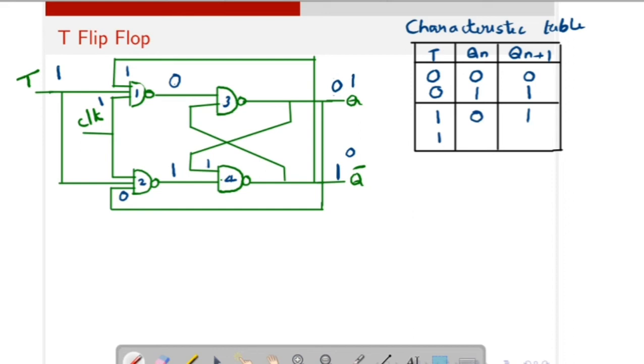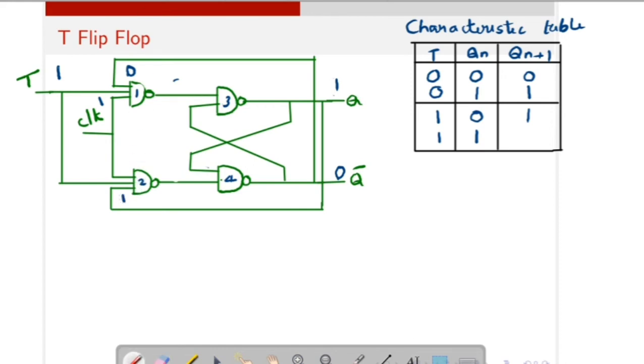Next we take T is equal to 1 and Qn is equal to 1. Okay, when Qn is equal to 1 means Qn bar is 0. Qn is equal to 1, Qn bar is 0, input is same, 1. So here all the inputs are 1, then input is 1, then here third input is feedback from here, so this is 0, and for the second NAND gate third input is feedback from here, it is 1.